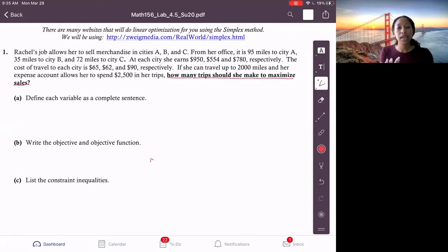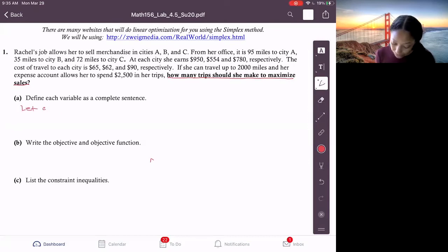How many cities do we have? We have 3, A, B, and C. Now, this is a case where instead of using X and Y and Z like we've usually been using, it might be easier to just use A, B, and C. We already have variables there. So let A represent the number of trips. It says complete sentence.